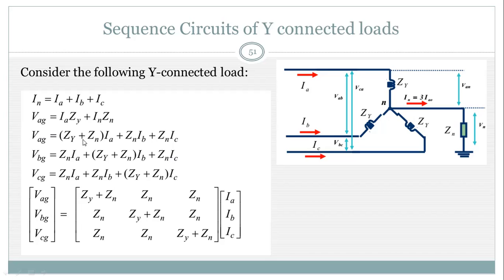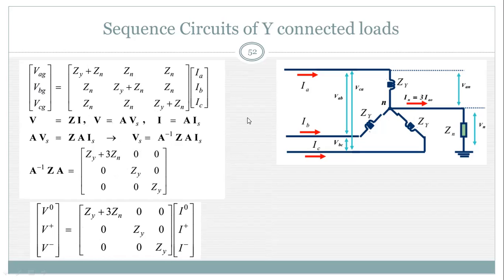In the matrix form, the left matrix denotes the line-to-ground voltages VAG, VBG, and VCG, the very right matrix denotes the three phase currents IA, IB, and IC, and the middle matrix is the impedance matrix, or the coefficient matrix, in the equation of phase-to-ground voltage.